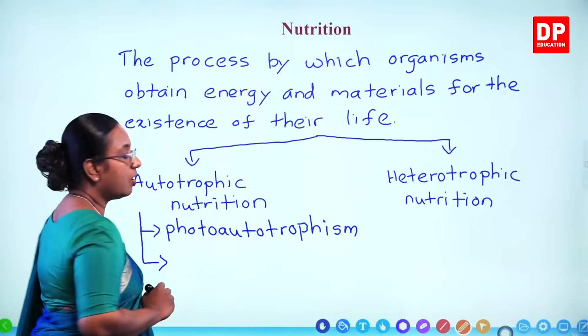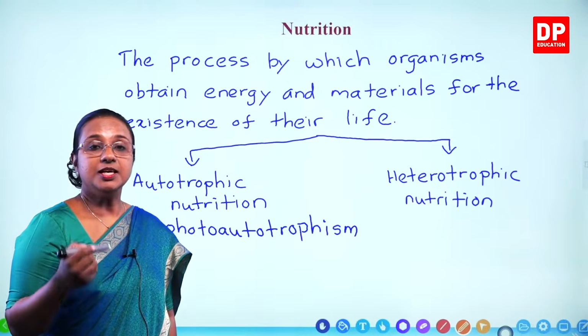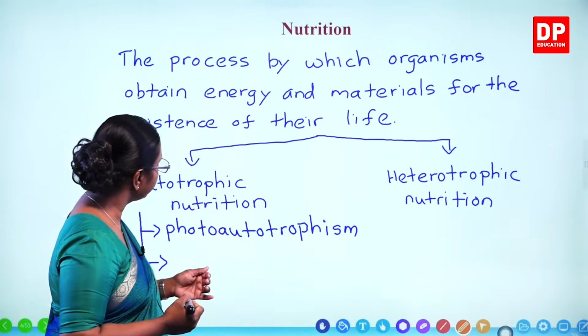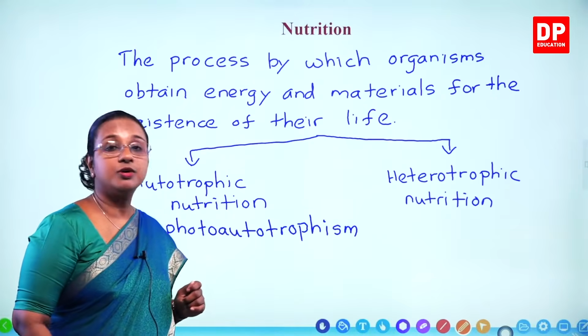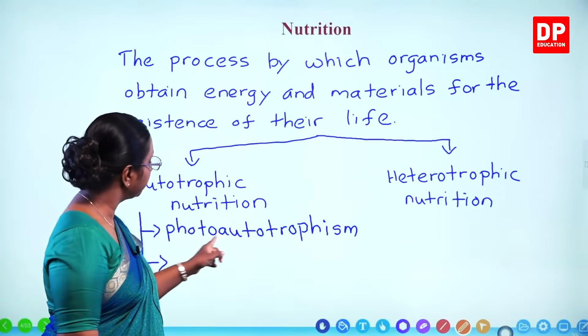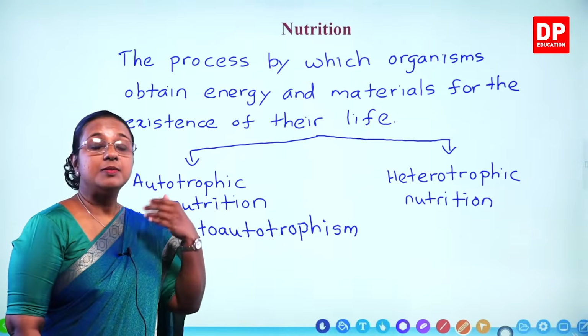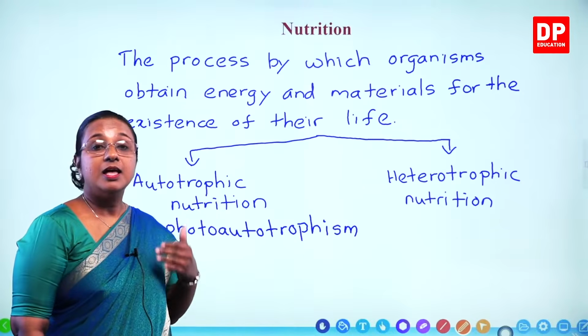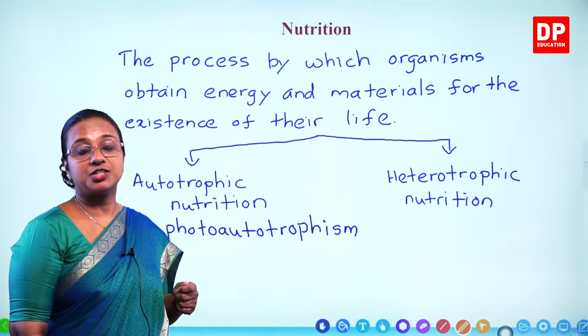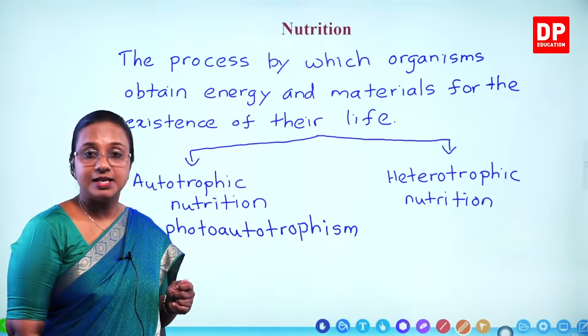But there are organisms, especially the bacteria. Most of the green plants carry out photosynthesis. So, they are photoautotrophic. But most of the bacteria, they use chemical reactions to produce their energy.